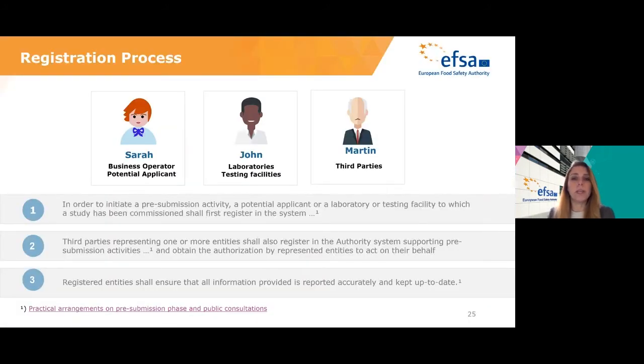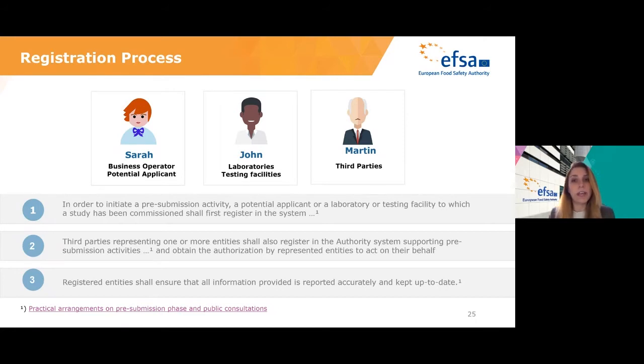Before we start any pre-submission activity, we have to do a registration process. So as indicated in the practical arrangement on the pre-submission phase and public consultation, and I invite you to consult the link at the bottom of this slide, which is the same that was also introduced at the beginning in the introduction.